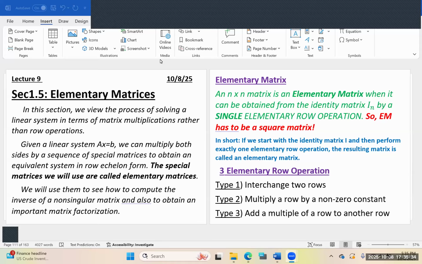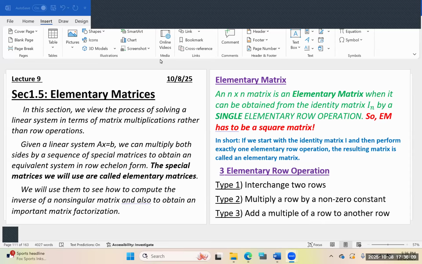If you have a system of equations, AX equals B, then in order to get the X alone, meaning the variable matrix alone, we can multiply both sides by A inverse, or we can multiply by other matrices, and then eventually the A matrix will disappear.